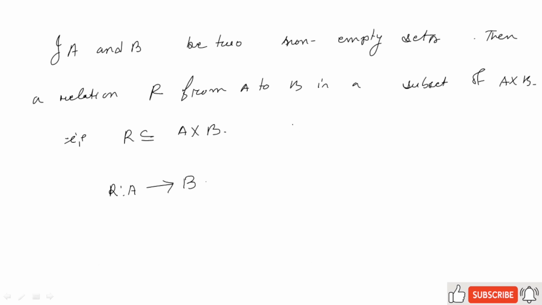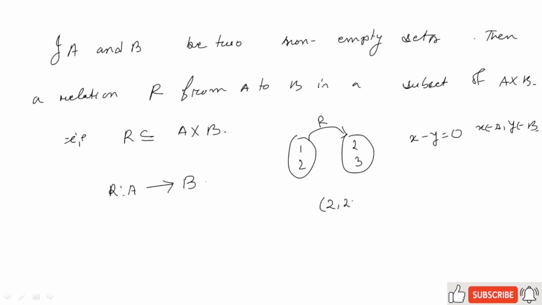Here is one of the simple examples. Take A as {1, 2} and B as {2, 3}. There is a relation R which is x minus y equal to 0, where x belongs to A, y belongs to B. Then here we will get only one ordered pair, which is (2, 2).